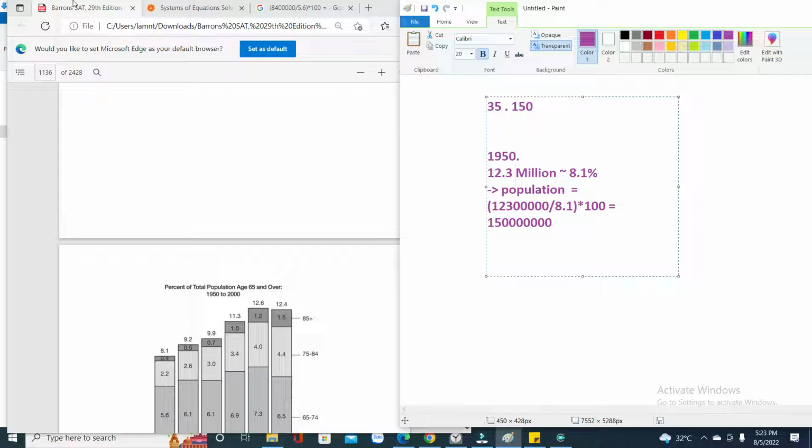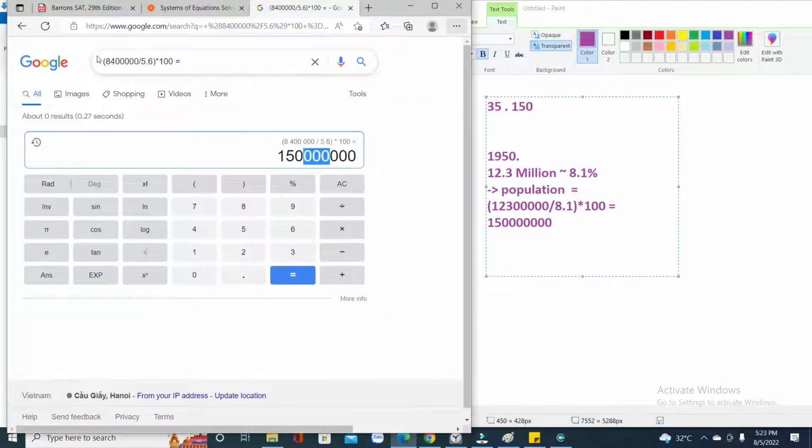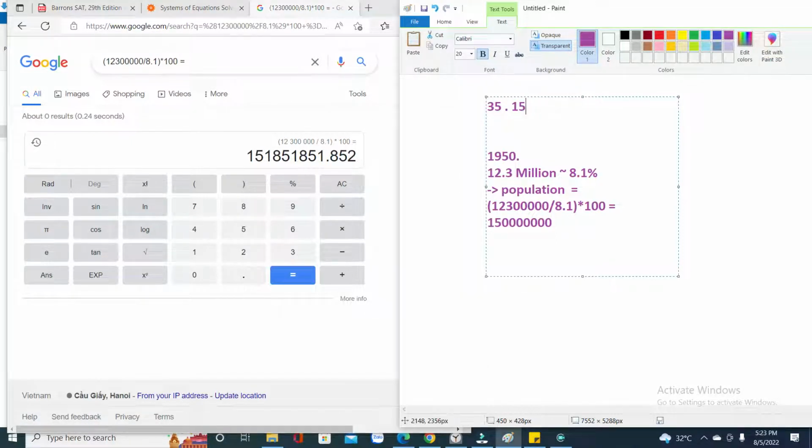So that's going to give 151, so 152, right?